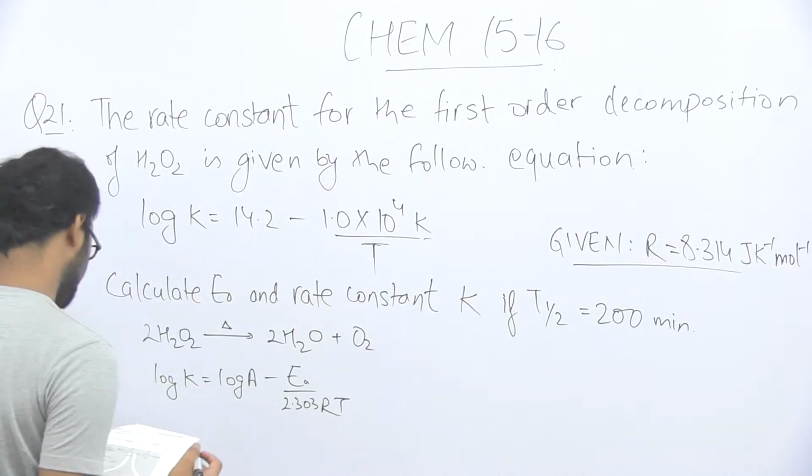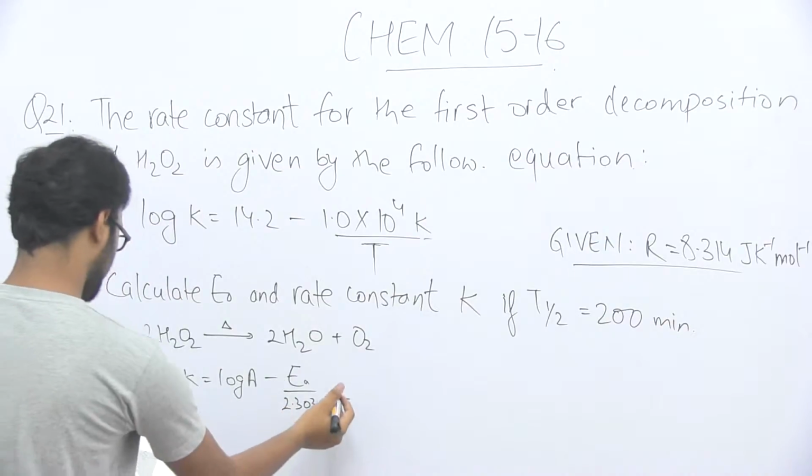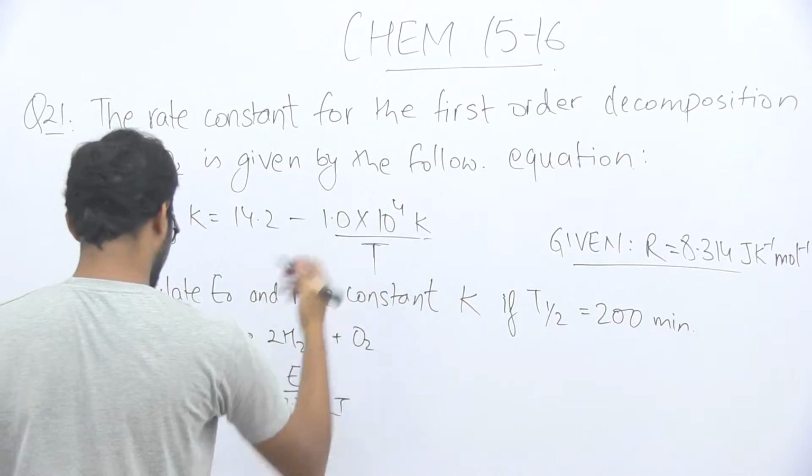So this EA over 2.303 R equals 10 raised to the power 4.